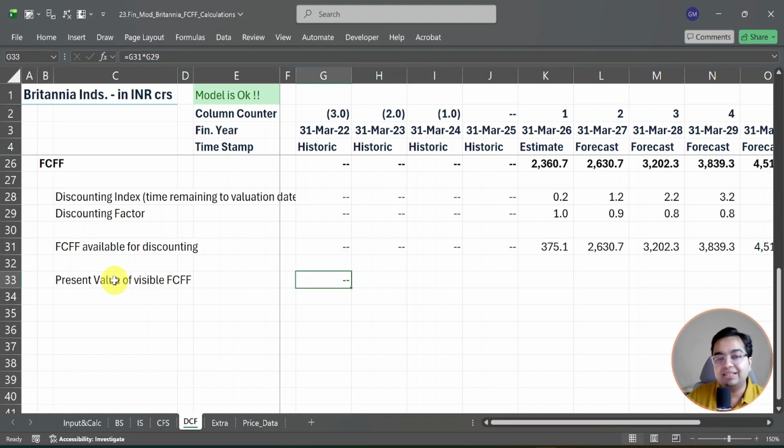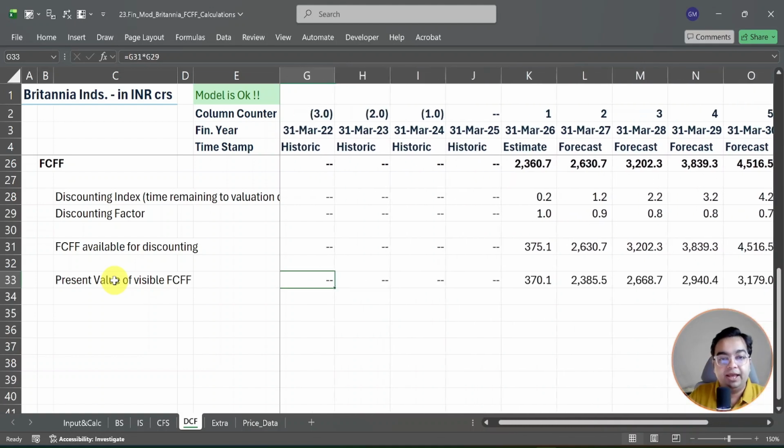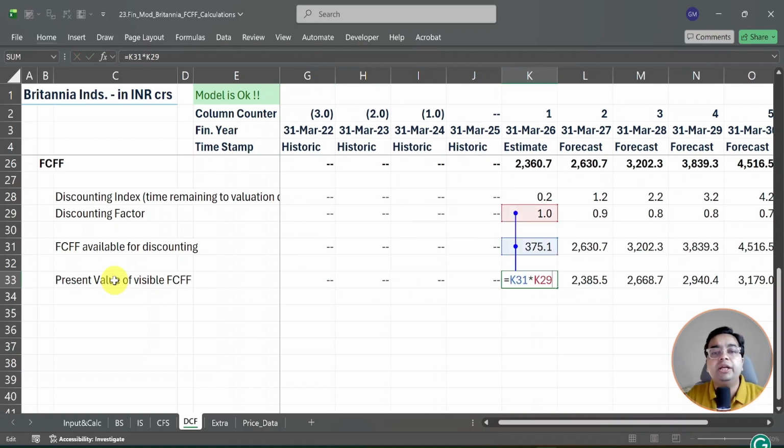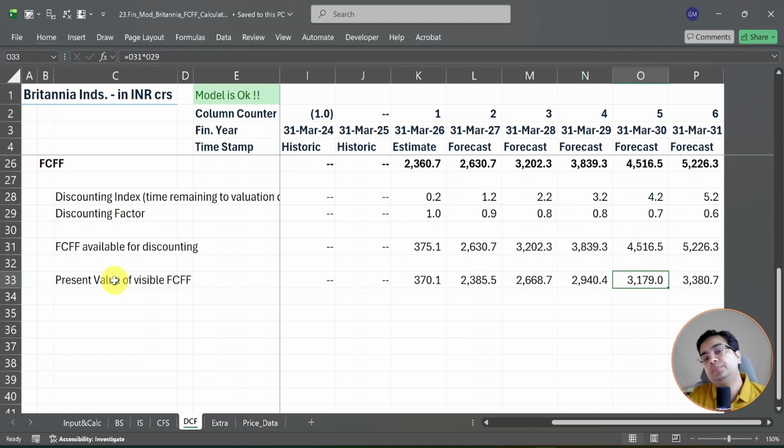This is the step where we use the discounting factor, multiplying with the future value, and copying this formula to the right. Here we have simple multiplication, K31 into K29, and all these formulas are the same.